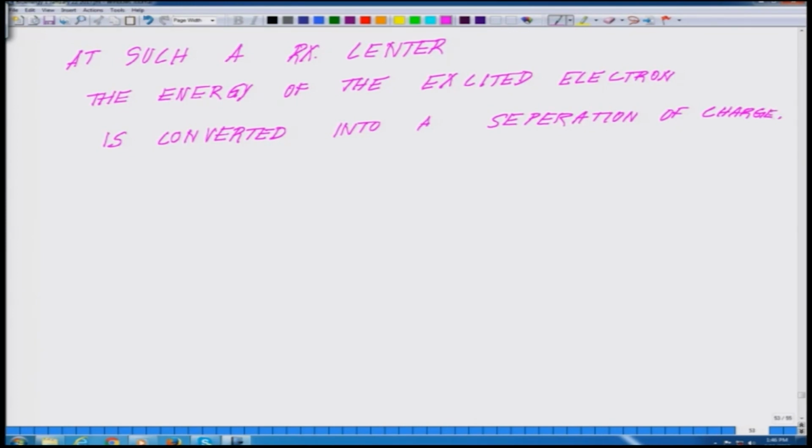And in essence, what does this mean? So, here the key word is this, separation of charge, and in essence the separation of charge is the one which generates what we call the reducing potential.